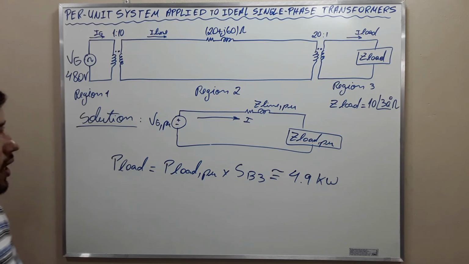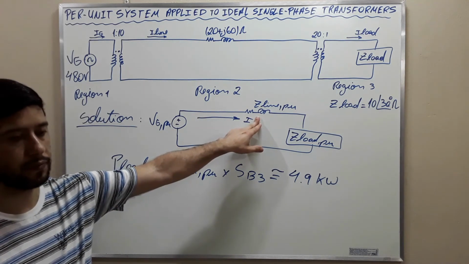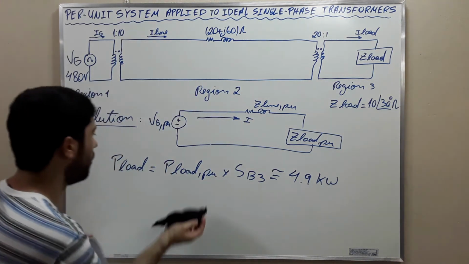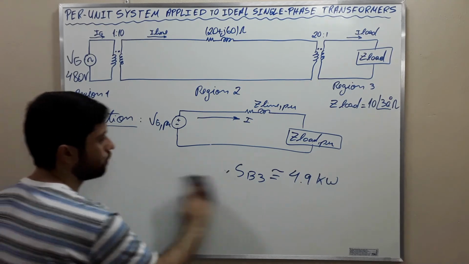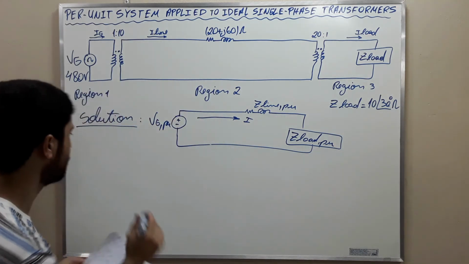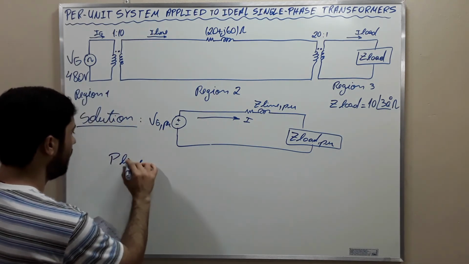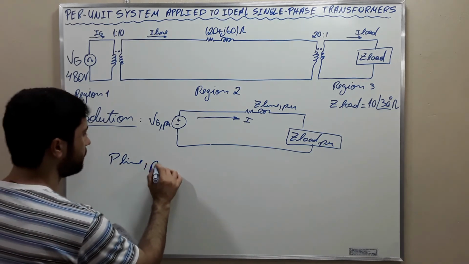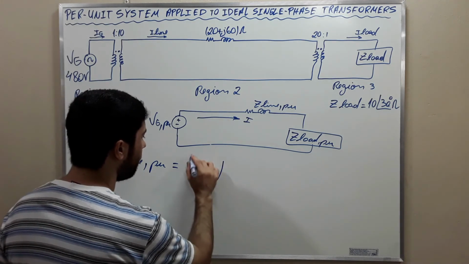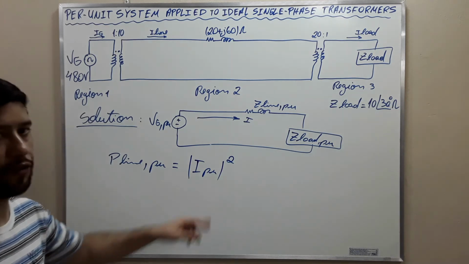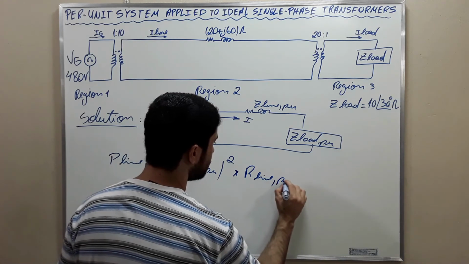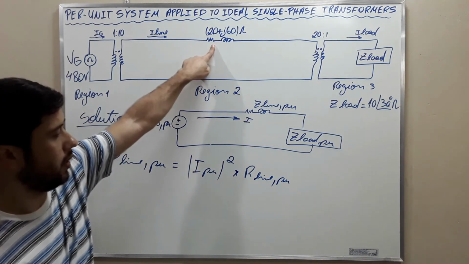In a similar process, we are going to find the power lost in transmission. The power lost in transmission is going to be the power of the line in per unit, which is the magnitude of the current squared times the resistance of the line in per unit.